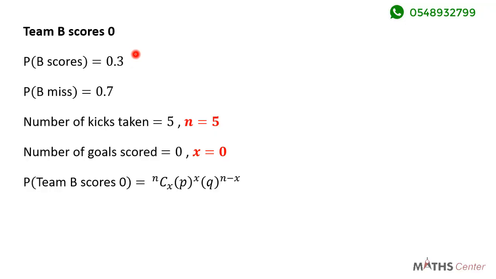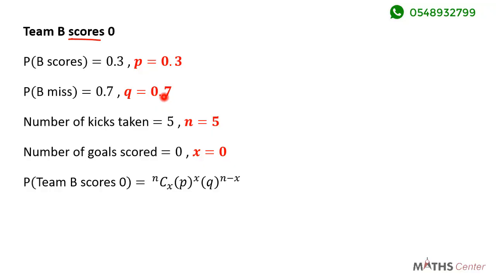p is the probability of success. Here we are looking for the probability that team B scores 0. So scoring is considered success, and the probability that team B scores is 0.3. So p will be equal to 0.3. The probability that team B misses will be failure, and the probability that team B misses is 0.7.